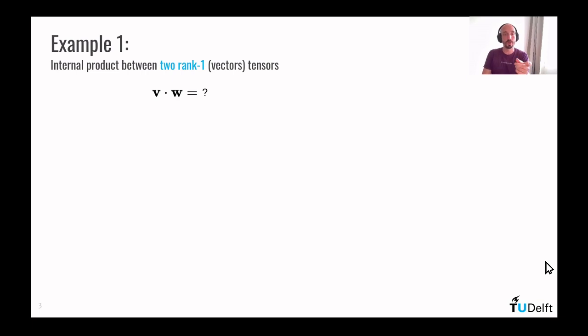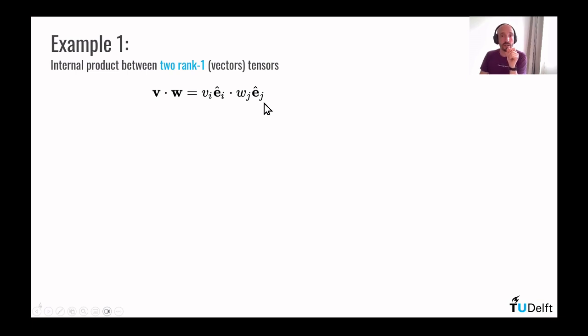Okay, so to solve this problem, I would write vector v like this and vector w like this. So vector v would be v sub i e hat sub i. Now we have the dot product here, and the vector w would be represented by w sub j and e hat sub j.